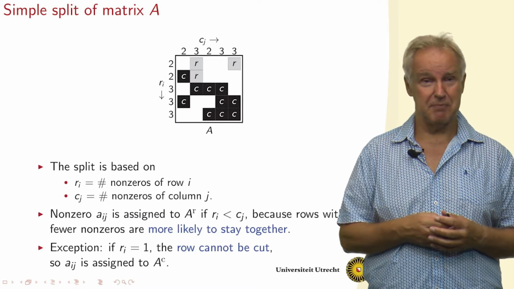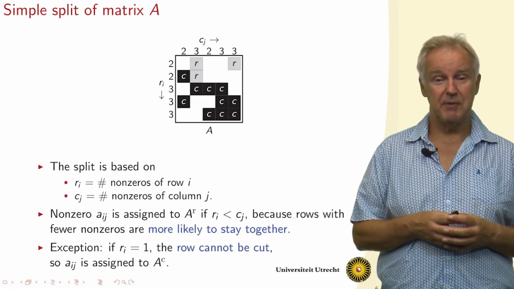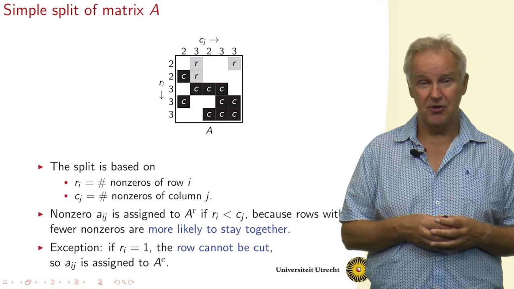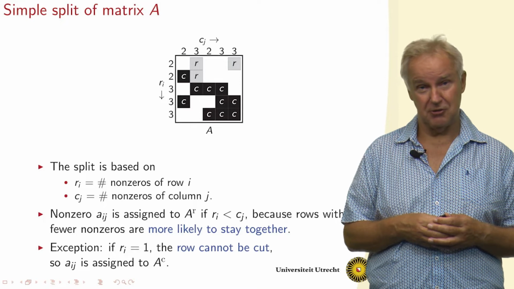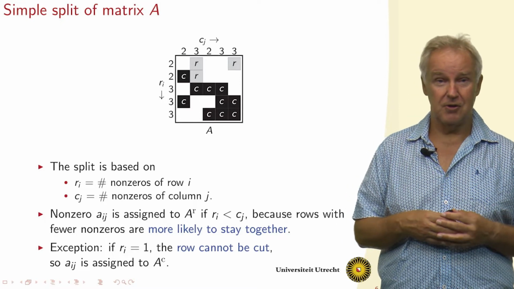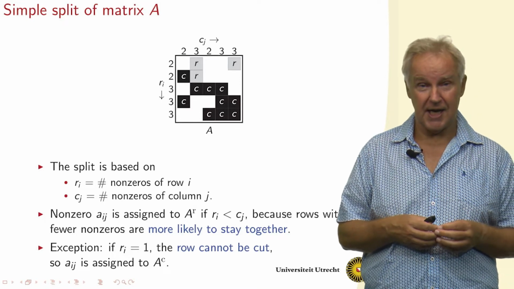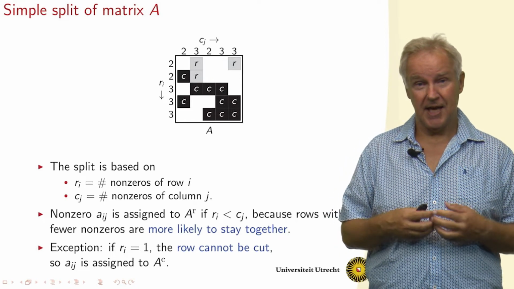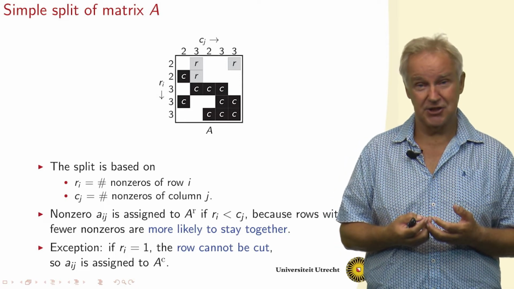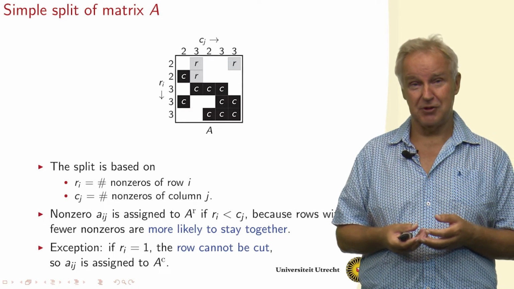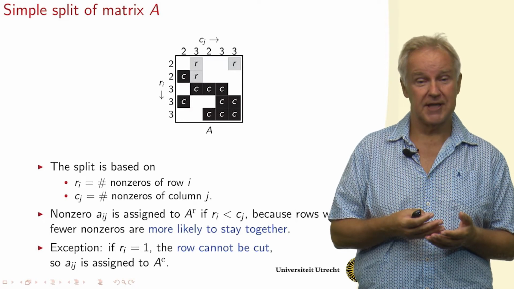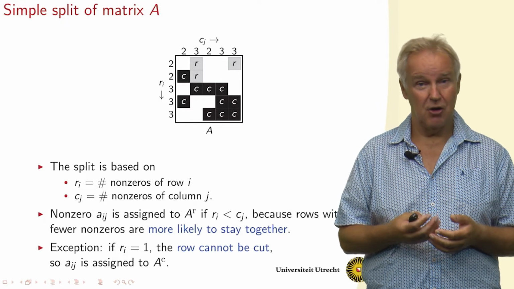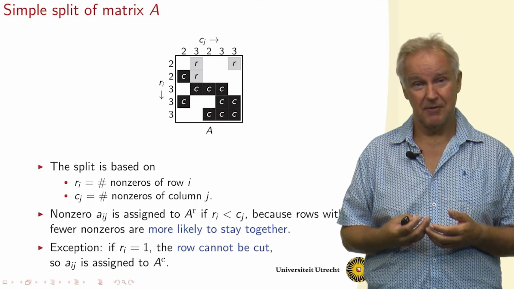So here's the simple split of the matrix. We base the split on the number of non-zeros in a row and in a column. The number in a row we call Ri, the number in a column we call Cj, and then for a non-zero Aij, we have to decide if it goes to the row matrix, shown in gray, or to the column matrix, shown in black.